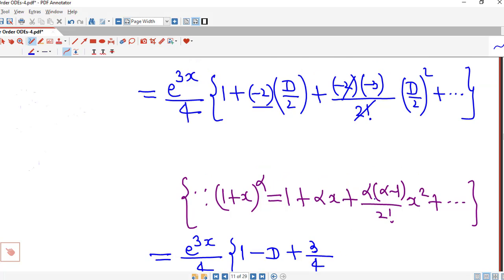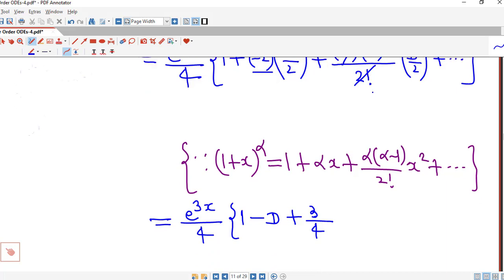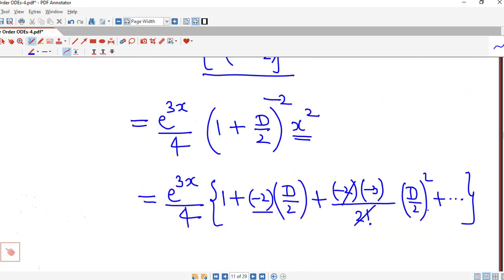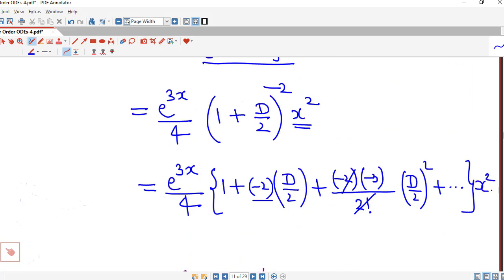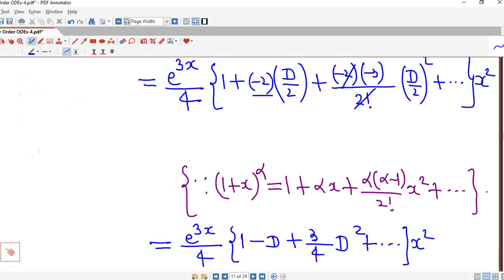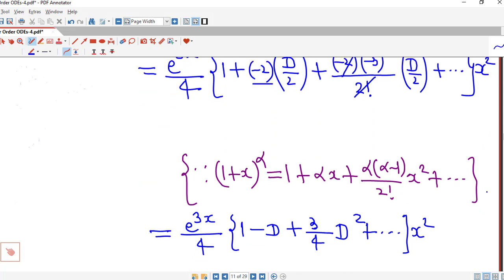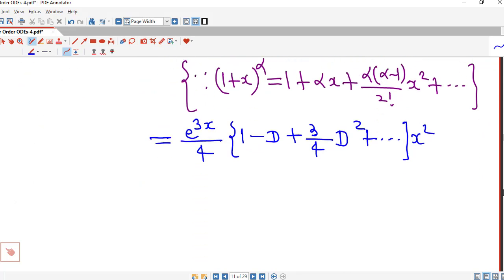That 4 comes from the square of d by 2. So it is 1 minus d plus 3 by 4 d square, and so on, operated on x square. Here also we must write x square. So we have e raised to 3x by 4 into 1 minus d plus 3 by 4 d square.